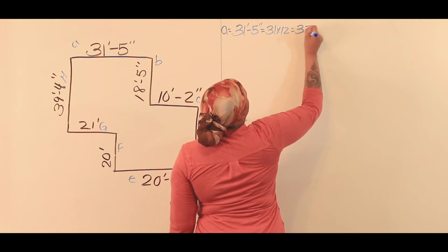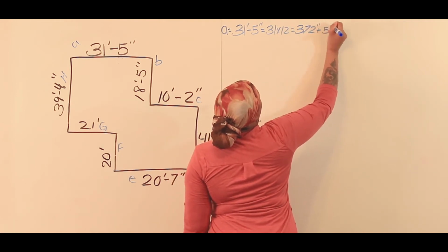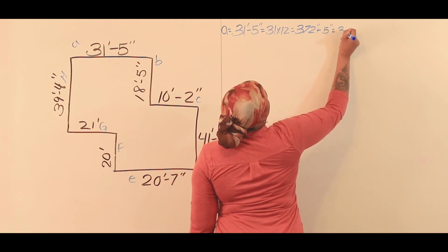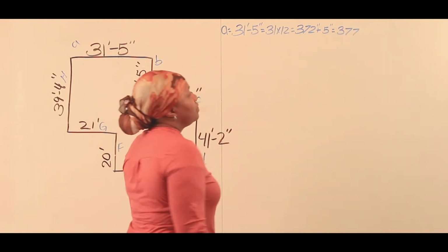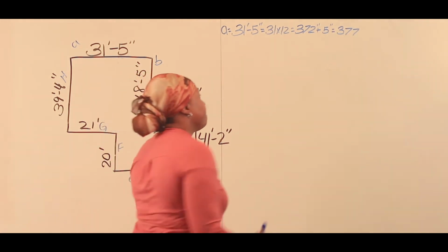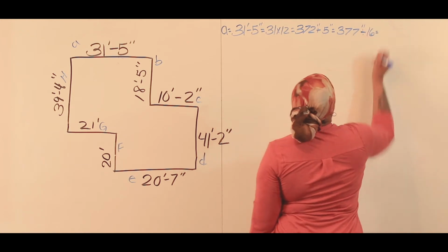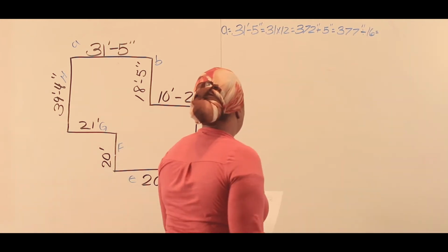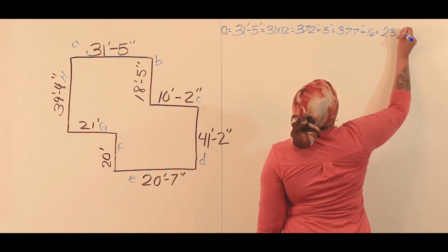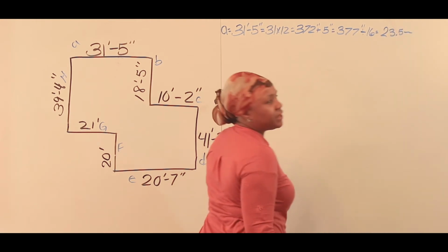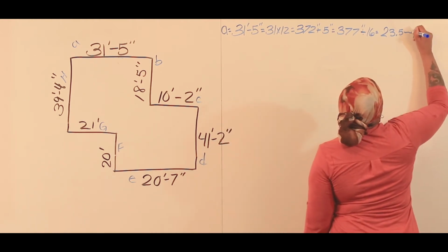Then we add the 5 inches we already have, which gives us 377 inches. And what do we do with that? Divide by 16. When you do, what do you get? 23.5 and some other stuff. Anytime we have a decimal, doesn't matter what it is, what do we do? Round up.